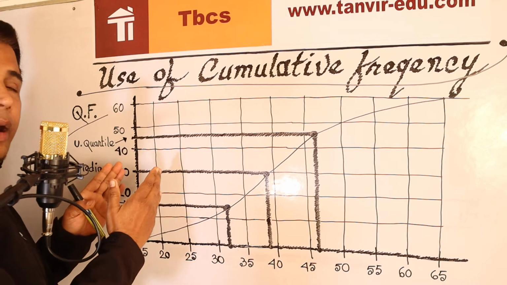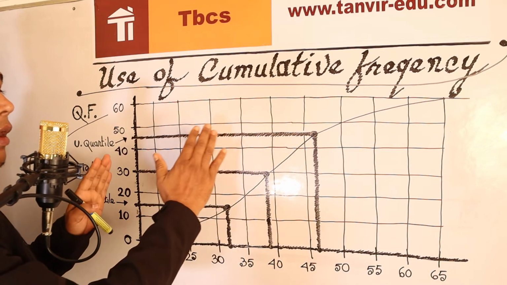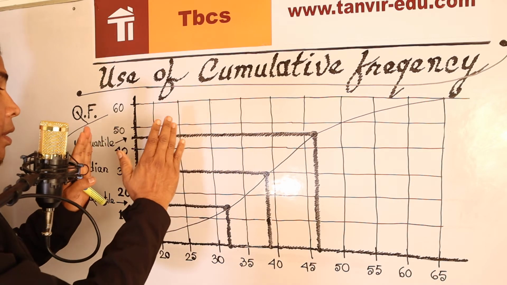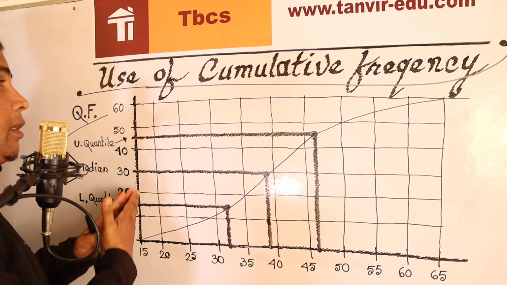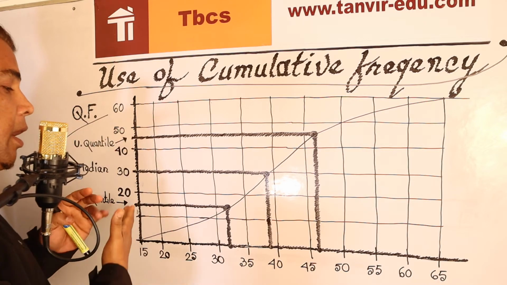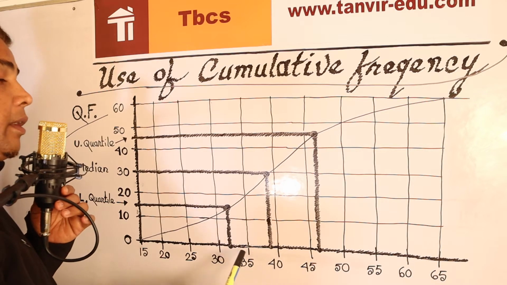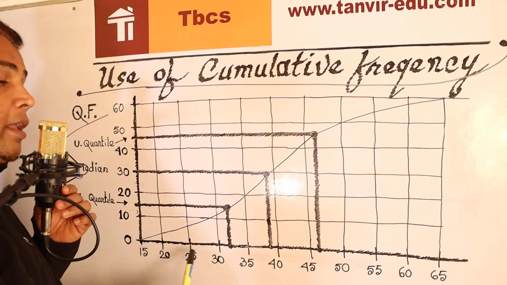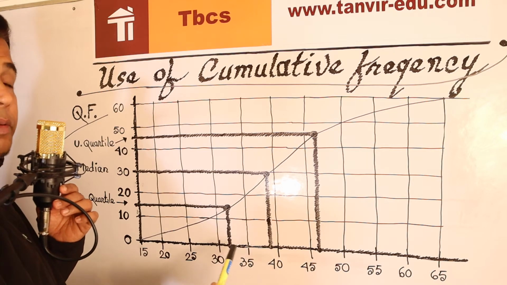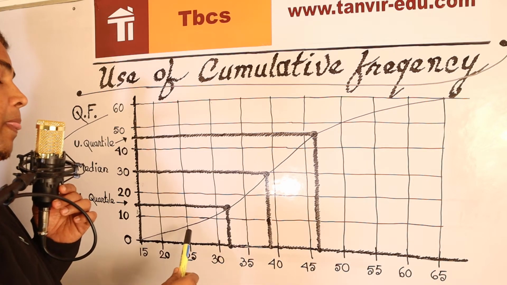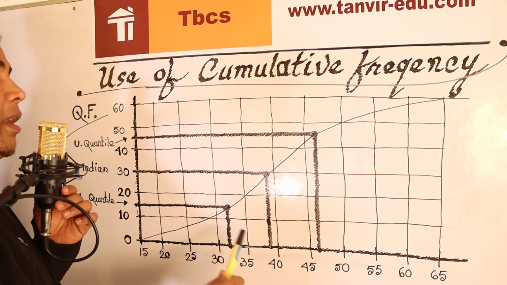You know that we draw this graph on graph paper using the cumulative frequency on the vertical line and the data, like date, age, time, using the class width, on the horizontal line.